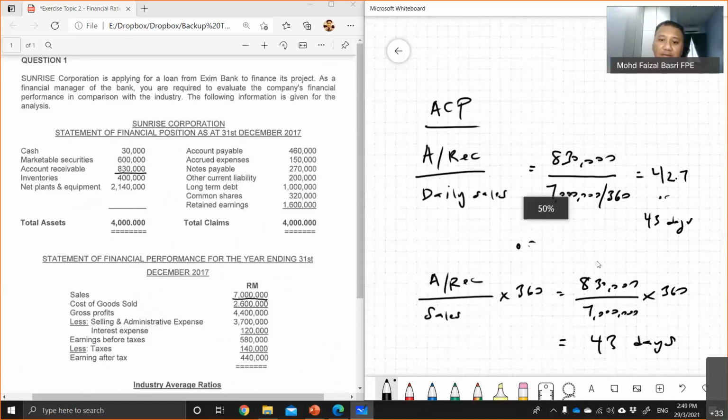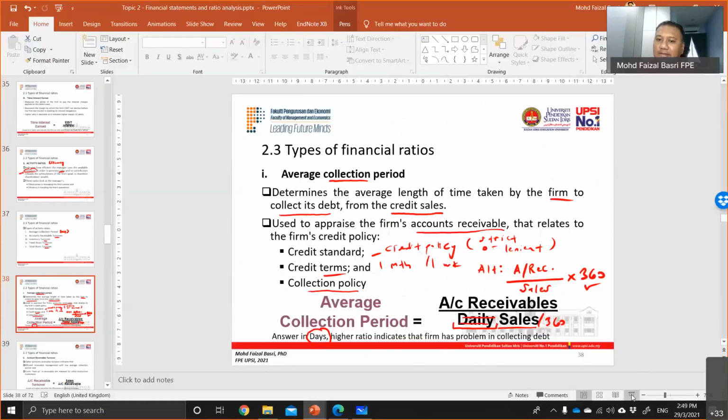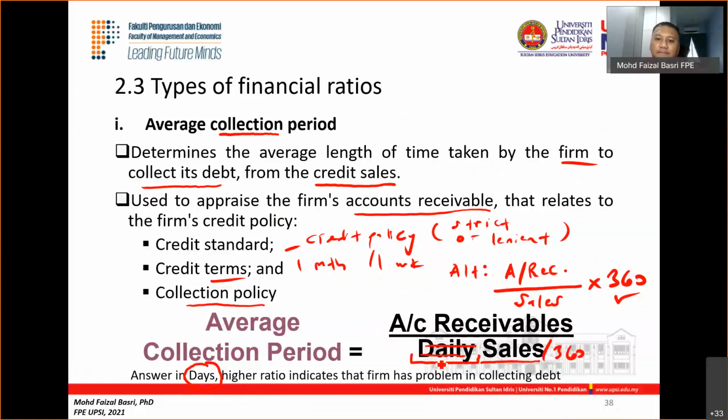So here we can conclude that Sunrise Corporation, the higher the ratio, indicates the firm might have a problem. Not to say it is a big problem, but maybe you can say it has a slightly bigger problem in collecting debt as compared to the industry average. I recap, you must always comment from the company's point of view, not the industry average.